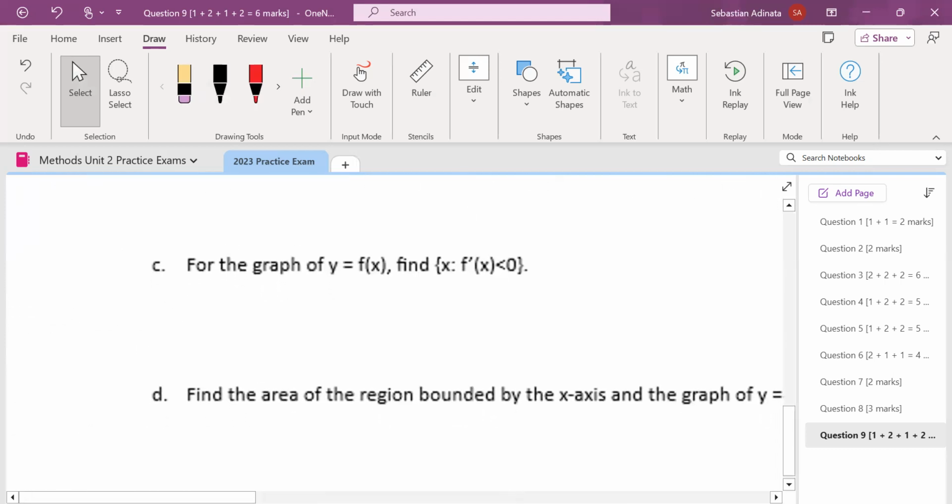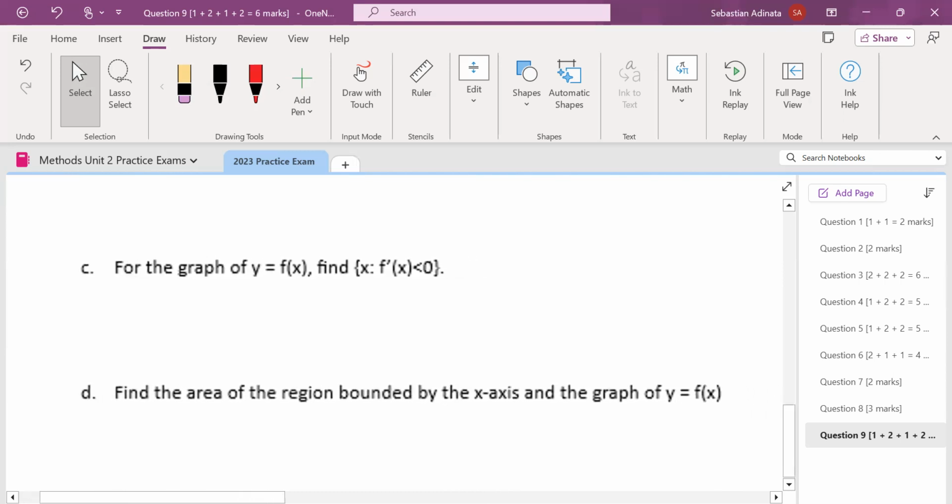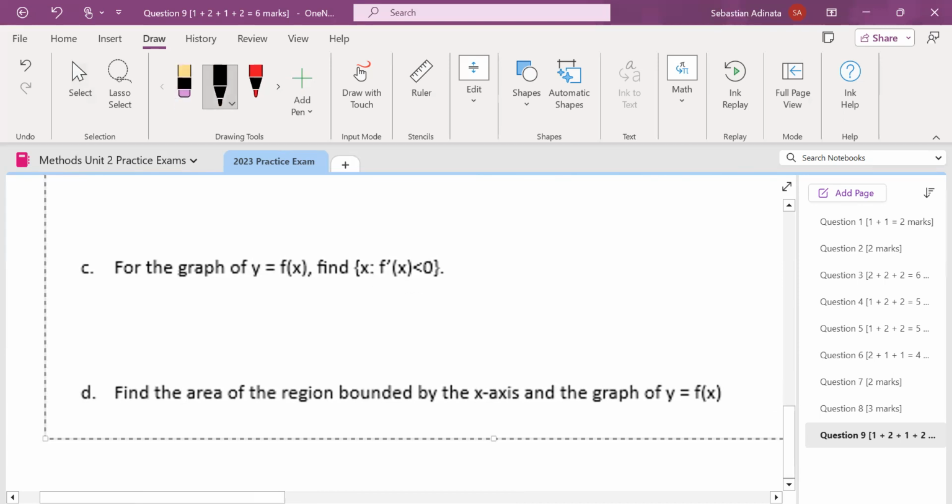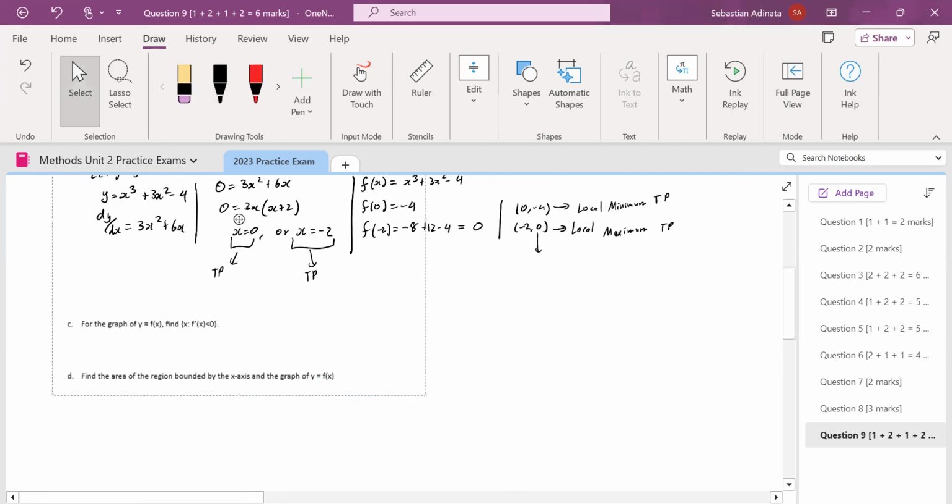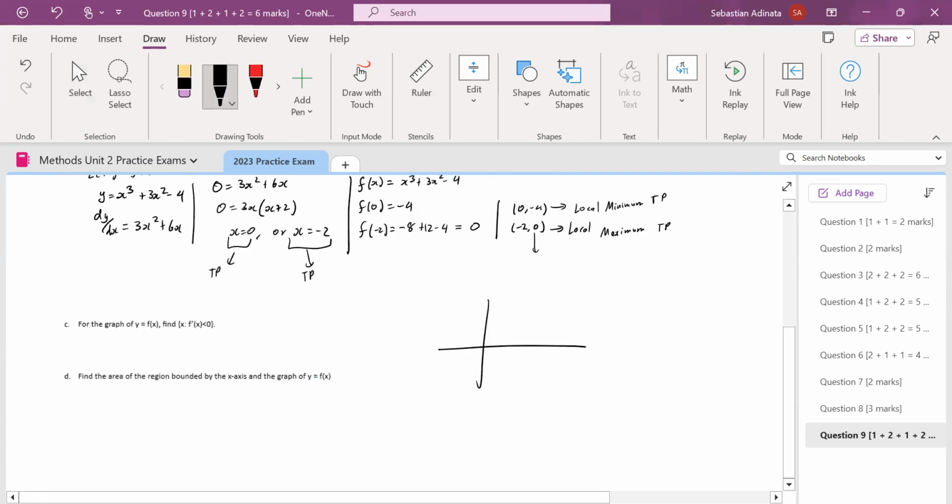So, for the graph of y equals f of x, find when the derivative f dash of x is less than 0. So let's see what this graph roughly looks like. At -2 and 0, it has a local maximum, and at 0 and -4, it has a local minimum.